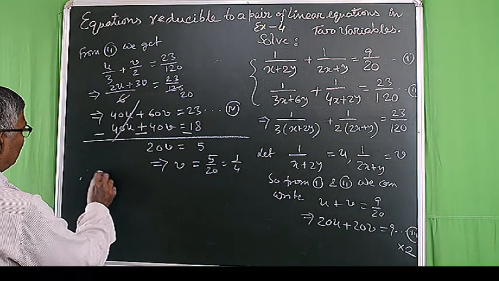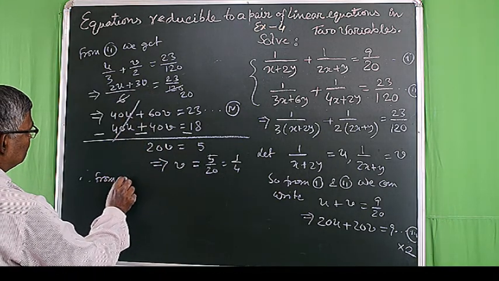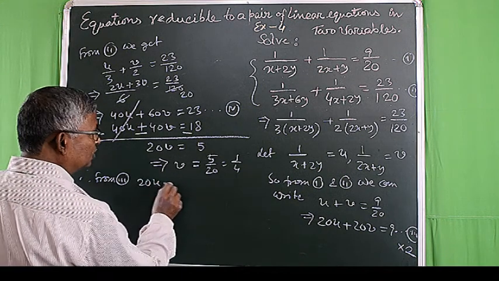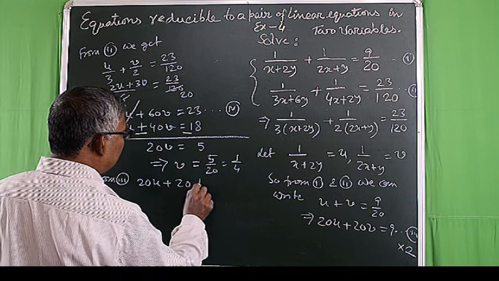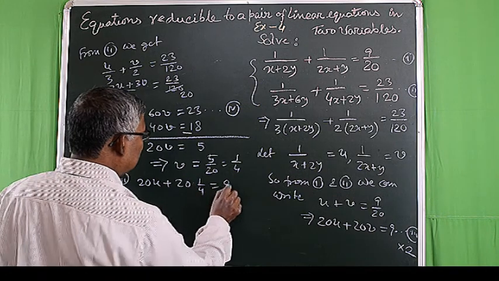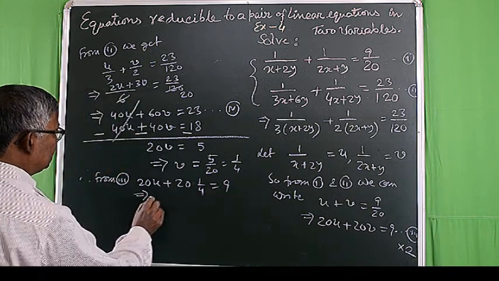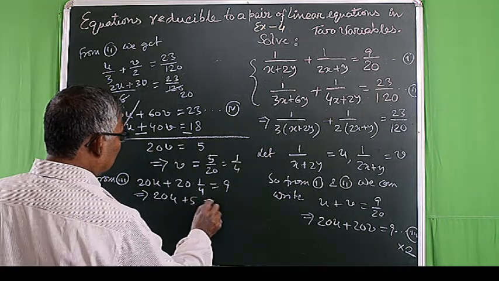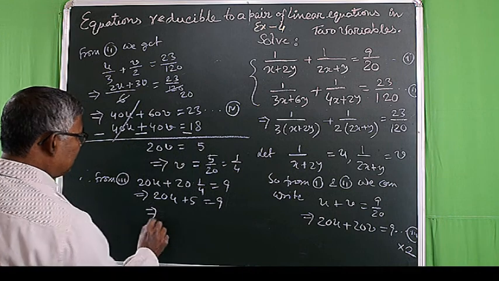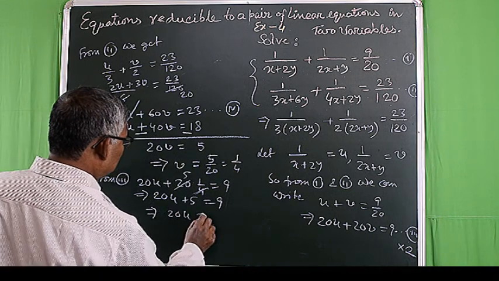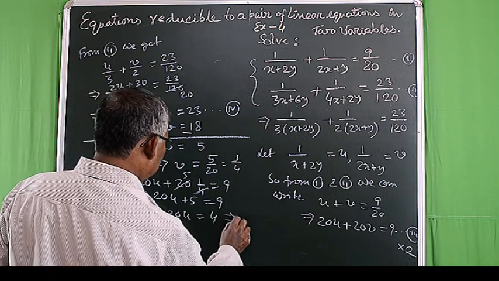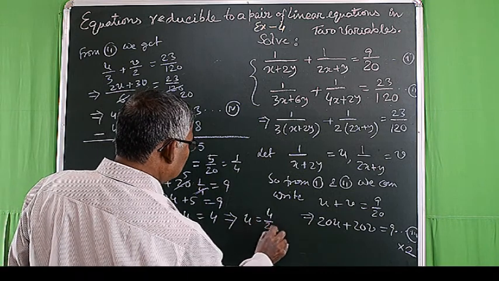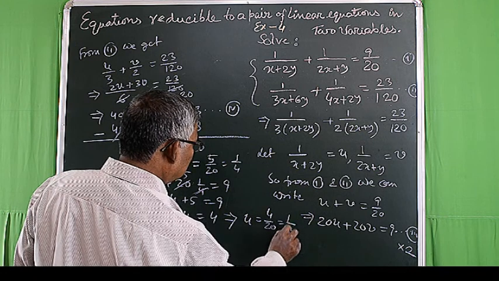Therefore from 3 we can write 20u plus 20 into 1 by 4 equal to 9. This implies that 20u plus 5 equal to 9. This implies that 20u equal to 4. This implies that u equal to 4 by 20, that is 1 by 5.